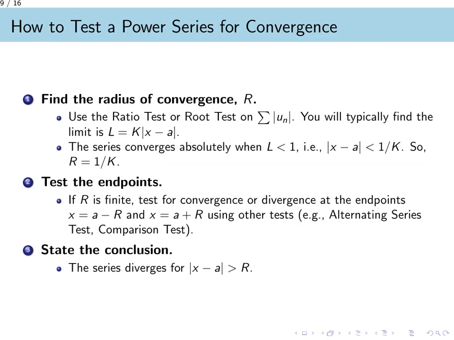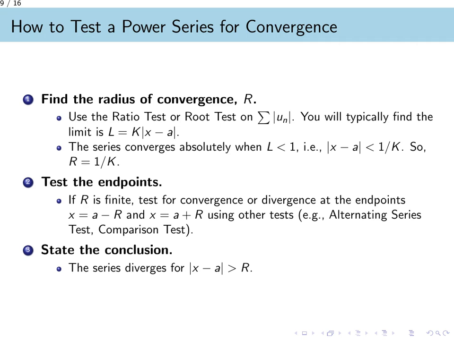This slide outlines a reliable three-step procedure for finding the interval of convergence for any given power series. First, we find the radius of convergence, r. To do this, we apply the ratio test, or the root test, to the absolute value of the series terms. This process will typically give us a limit, L, that is proportional to the distance from the center of the series, a.